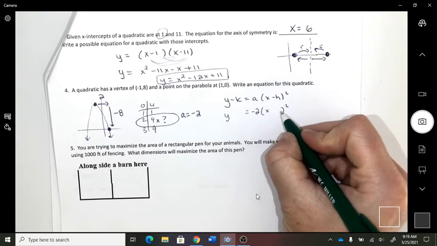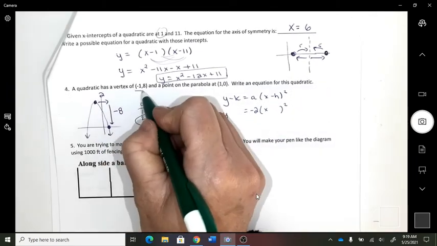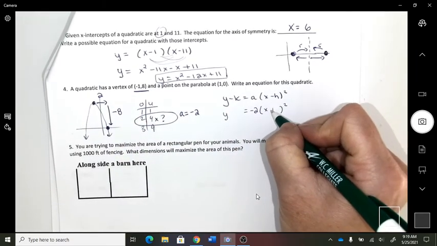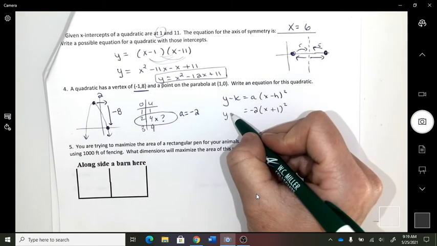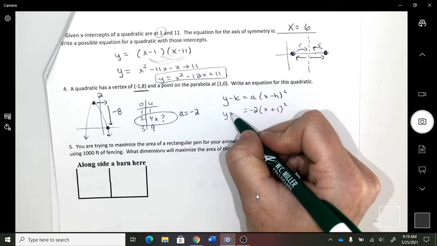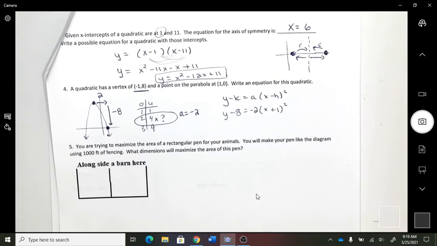What do you replace the H part with? +1, opposite. And in the Y, what do you put for the K there? Subtract 8. You have to do the opposite. The H and the K have to be opposite.